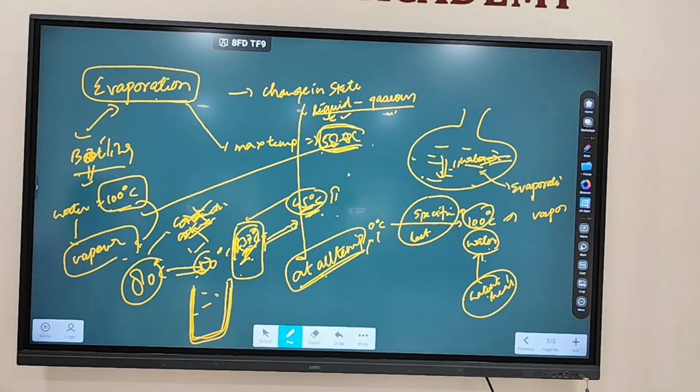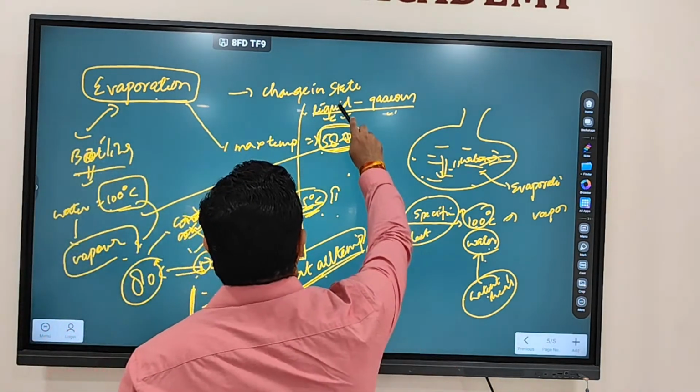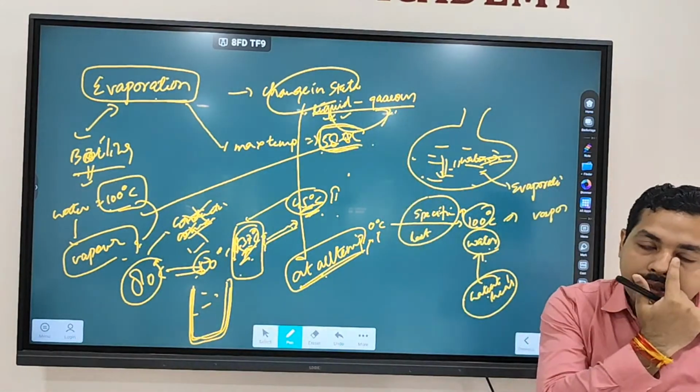So remember, evaporation is the change in state from liquid state to gaseous state.